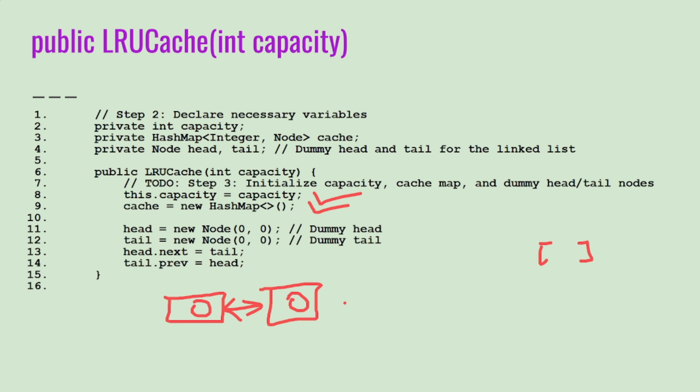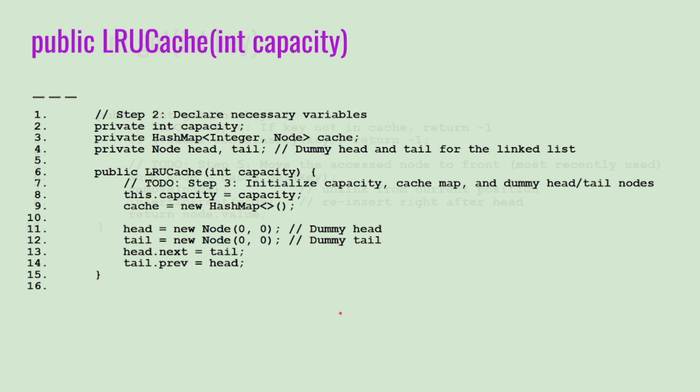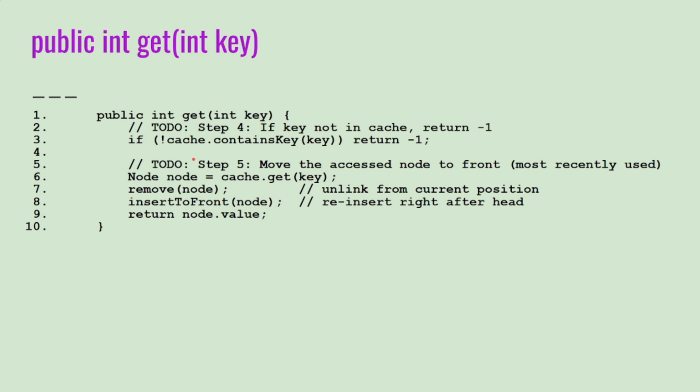Okay, then we'll have the get method. The cache will contain the key. If it is not containing, we'll return -1, right? Otherwise the cache, HashMap, will return the value, the node, because in the cache there will be a key, and there will be a node, right? This node will contain what? Key and value, and this is key, right?